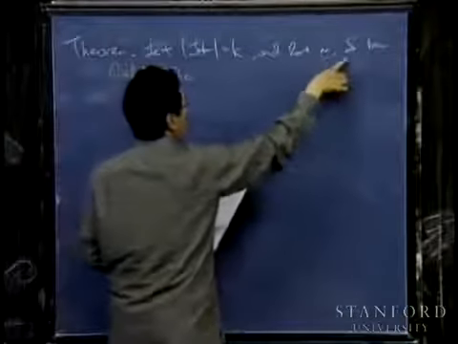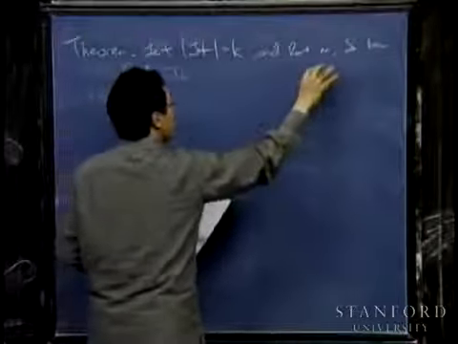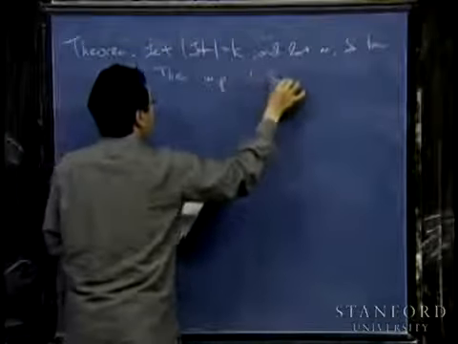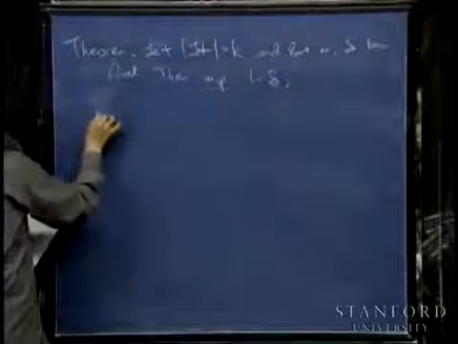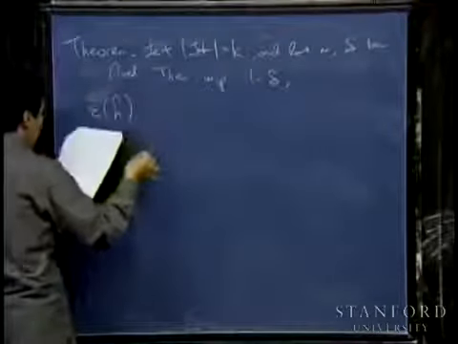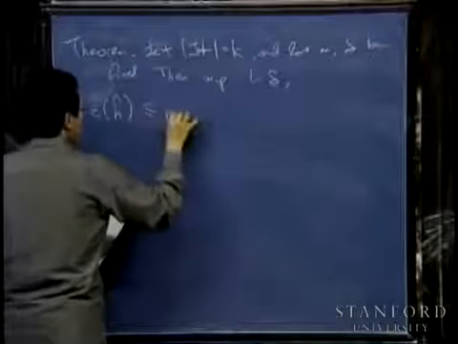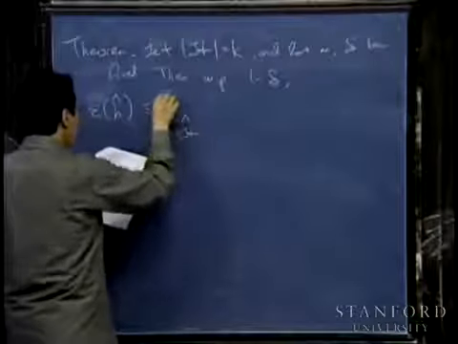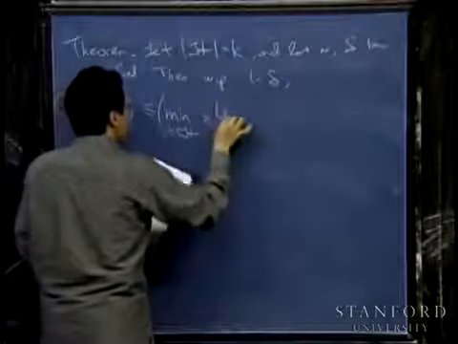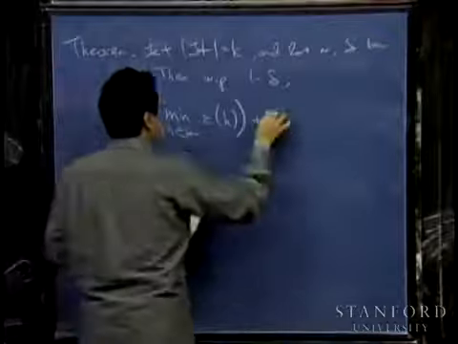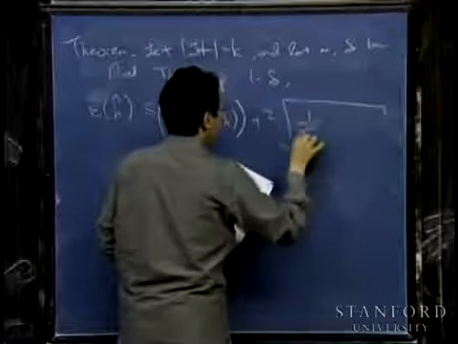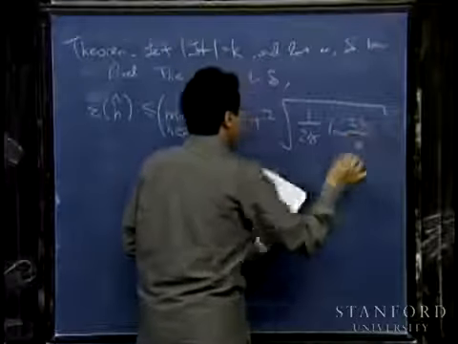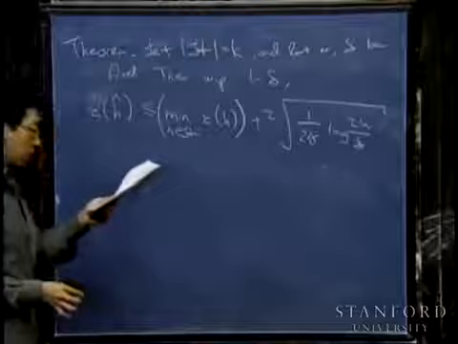I fixed m and delta, so this will be the error-bound form of the theorem. Then, with probability at least 1 minus delta, we have that the generalization error of H hat is less than or equal to the minimum over all hypotheses in set H of epsilon of H, plus 2 times the square root term.